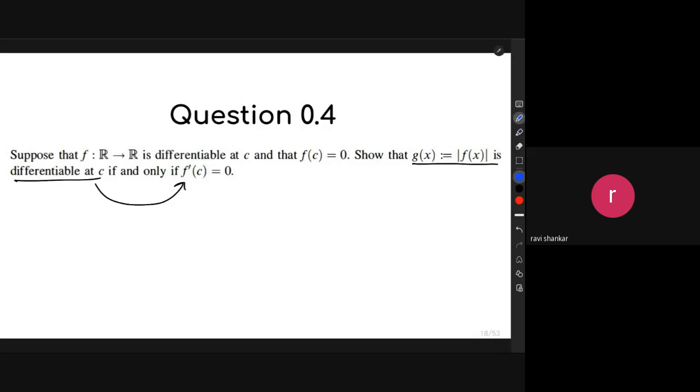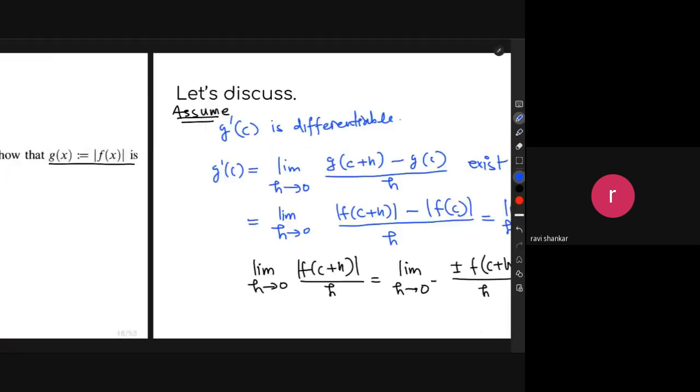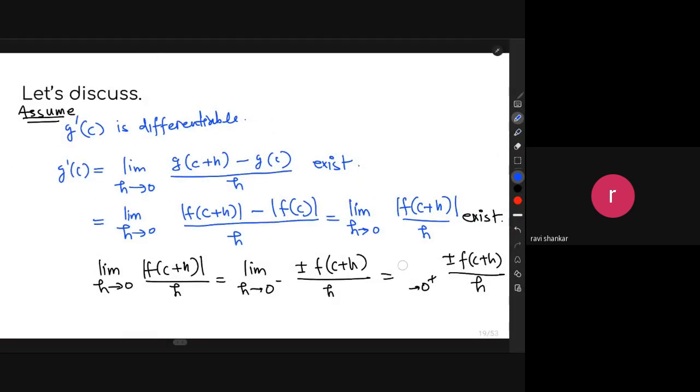We have already been given that f is differentiable at c, so we don't need to show that. So we start with the assumption that this limit exists, and now we need to show that f prime of c is equal to 0. So you don't need to go into this much.